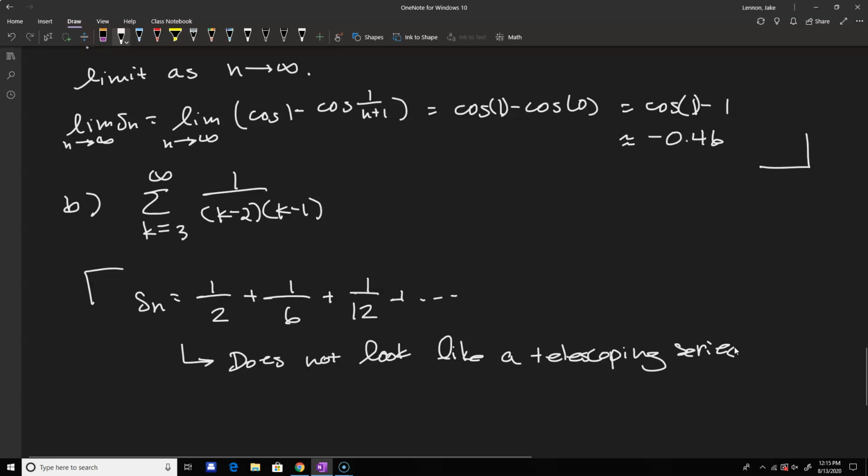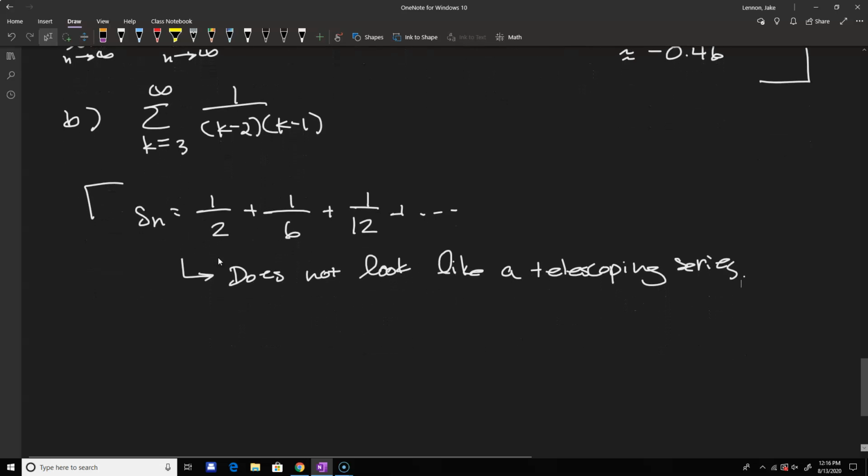But we can use a trick that will allow us to actually rewrite this in terms of a telescoping series. So what we do is we look for a little variable replacement here. So let j equal k minus 2. Okay, so if we do that, then our series is not going from 3 anymore. If k was equal to 3, then j would be equal to 1.